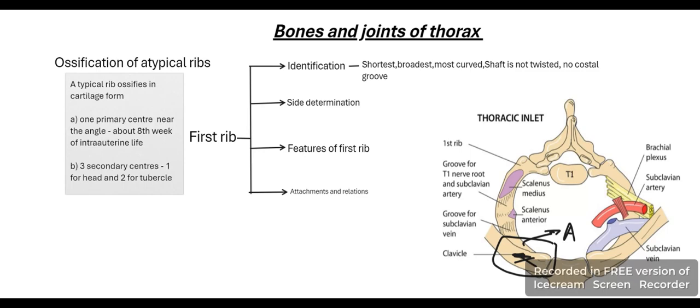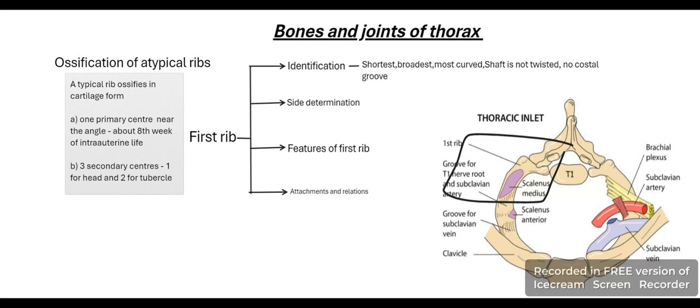The posterior end comprises the following parts. The posterior end has many different names because of its shape, as we have seen in the typical ribs also. This is the posterior end of the rib. The head is small and rounded.